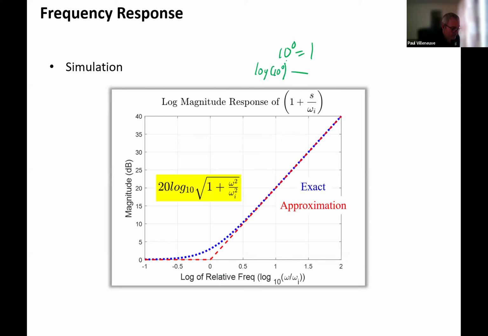So log of 10 to the 0 is equal to 0. It's whatever power 10 is raised to that calculates that. So if I have 10 cubed, that we know is 1,000, right? So that's equal to 1,000. But if I take the log of 10 cubed, that's equal to 3. And the reason why we use log again is because it can make the math really easy.